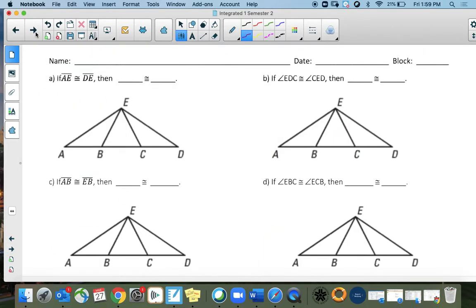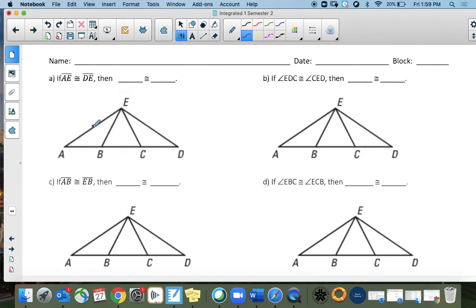All right, so now we're going to keep going with this, getting more and more into these examples and talking about more complex pictures, right? So if segment AE is congruent to segment DE, then what? So let's label it.